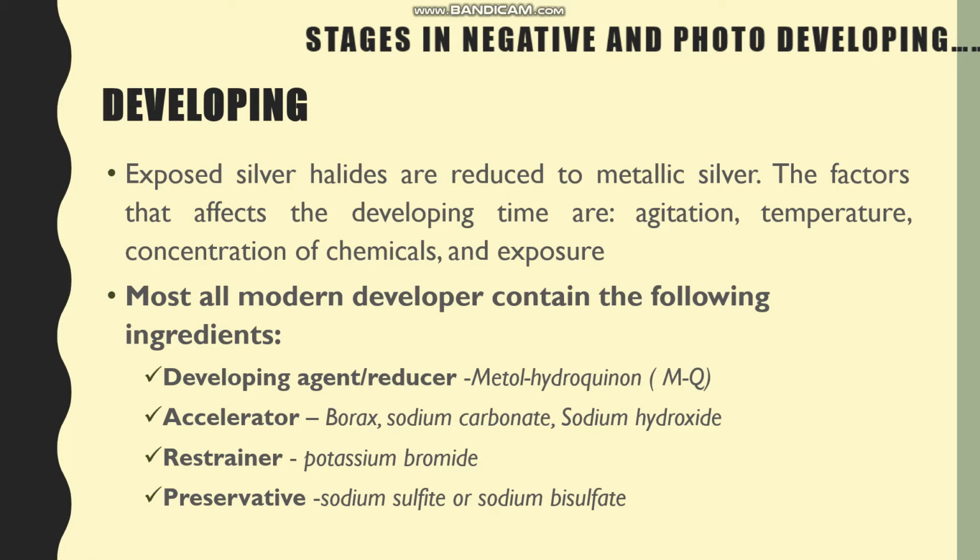And we have, again, the developer as a chemical na ginagamit para magawa natin tong first step or yung first stage na tinatawag natin na developing. So, most all modern developers contain the following ingredients. So, we have the developing agent or yung tinatawag natin na reducer. Sabi nga natin kanina, di ba, sa developing process or stage, it is considered as the process of reduction.